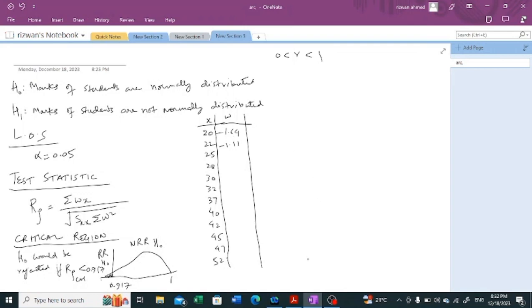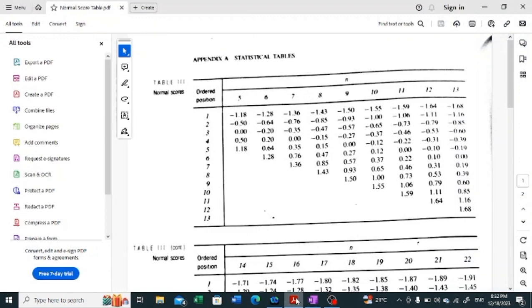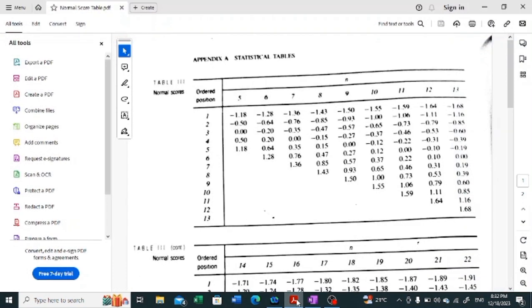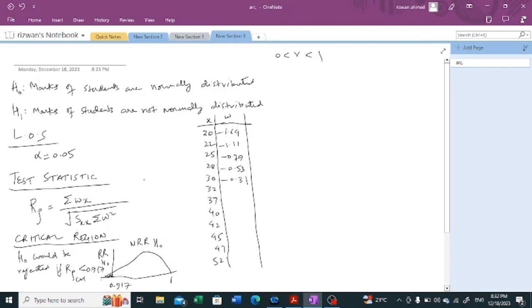Then we have minus 0.79, minus 0.53, and minus 0.31. Then minus 0.10, and the rest of the values would be symmetrically distributed.